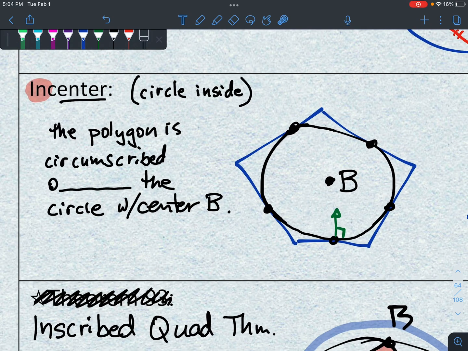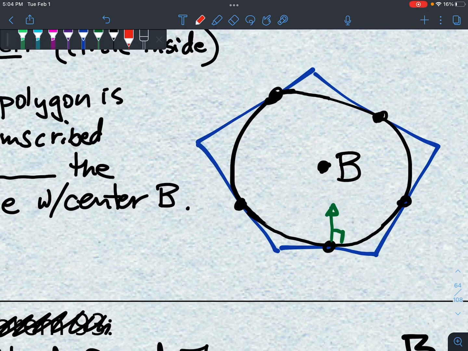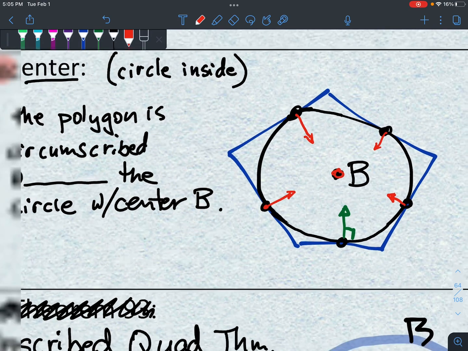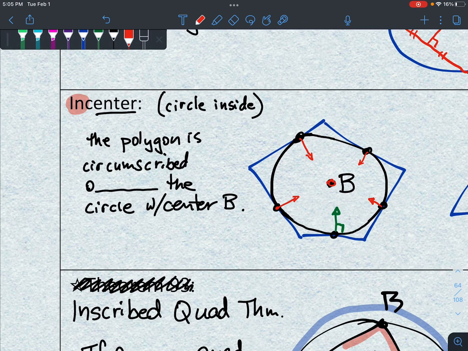In this case, from each point of tangency, we draw the perpendicular. So it isn't a bisector, it's just the perpendicular. And those will meet at a spot, and that spot will be the center of the circle. All right? So the polygon is circumscribed around the circle with center B.